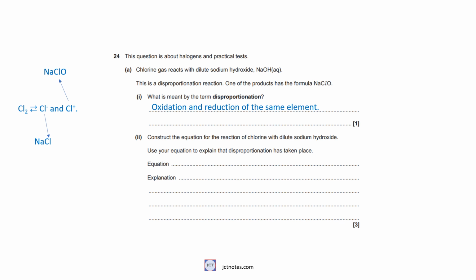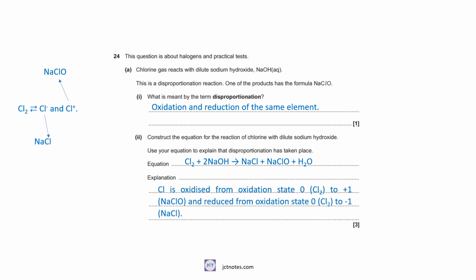I know that it is in aqueous sodium hydroxide and the products are going to be dissolved, but for the reaction purposes, we can consider them as solids. The equation is this. And the explanation is: chlorine is oxidized from oxidation state 0 to +1 in the sodium hypochlorite, and reduced from oxidation state 0 to -1 in the sodium chloride.